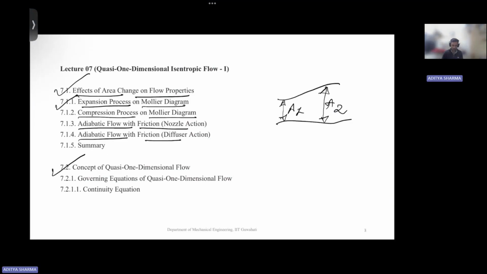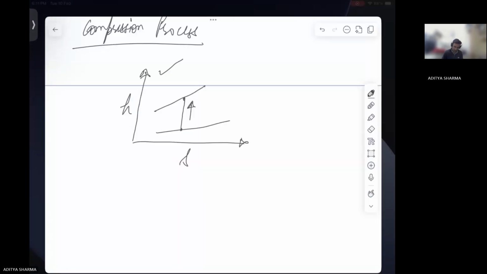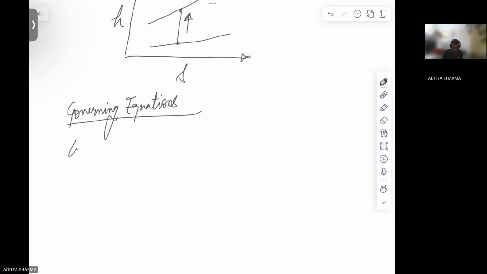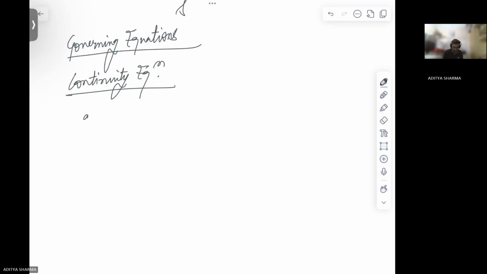Then comes the concept of governing equations. What are the three governing equations? First is your continuity equation, so it is like this. It's a differential equation.